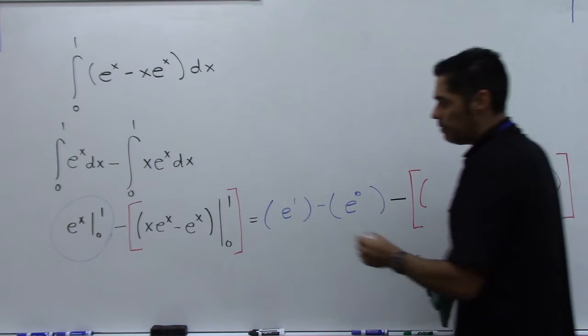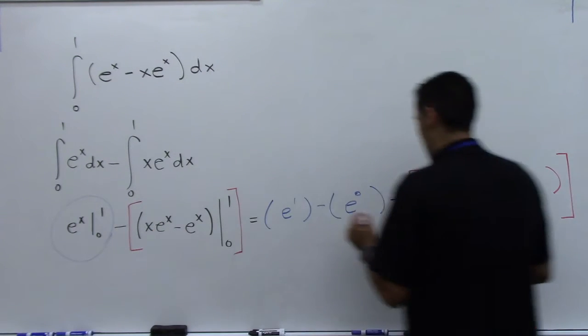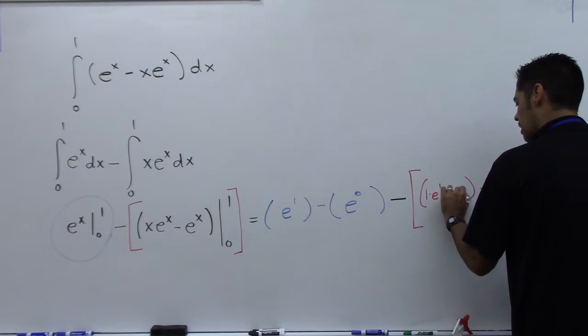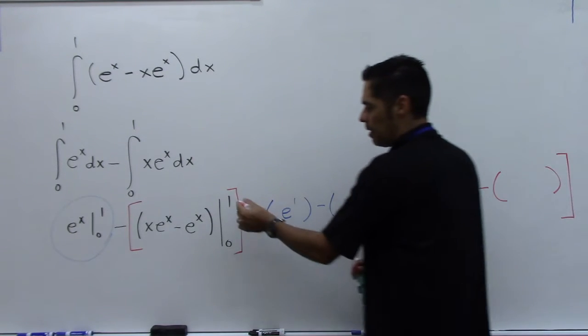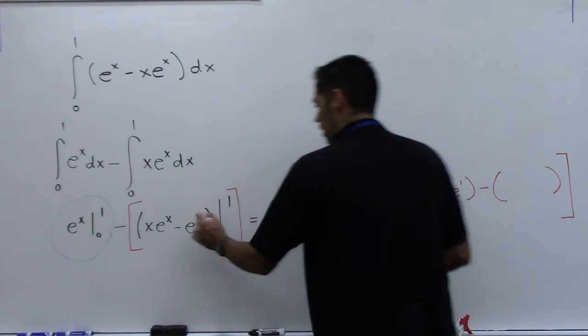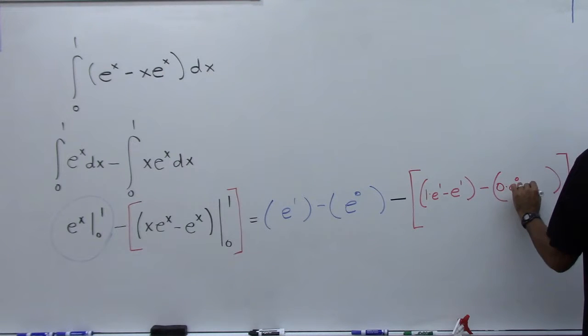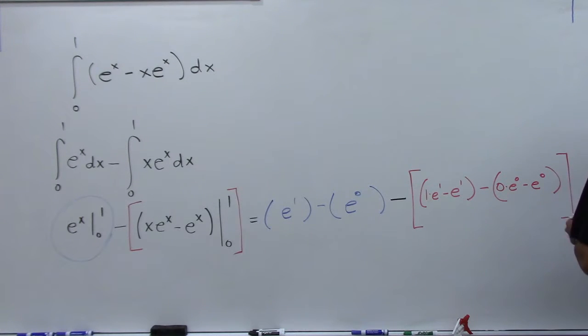If I plug in 1 into this, I get 1 times e to the 1 minus e to the 1. That's what I get when I plug in 1 here. When I plug in 0, I get 0 times e to the 0 minus e to the 0. So let's figure out what these are.